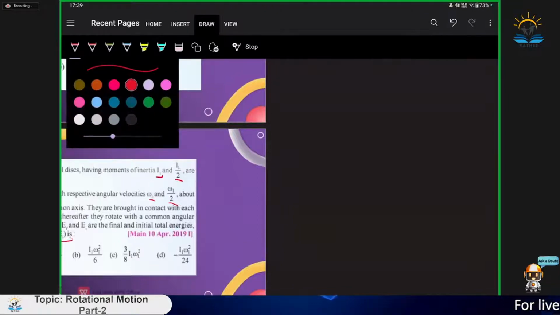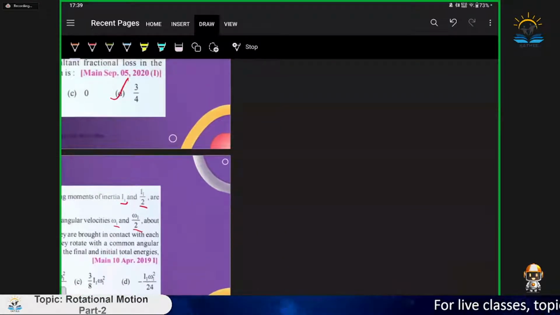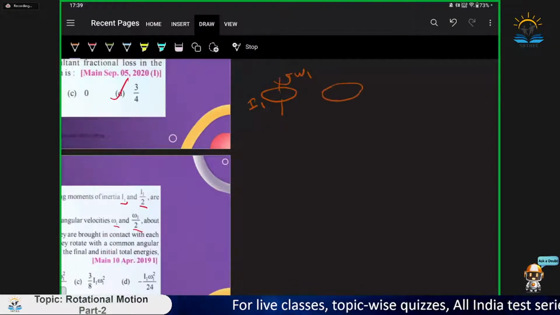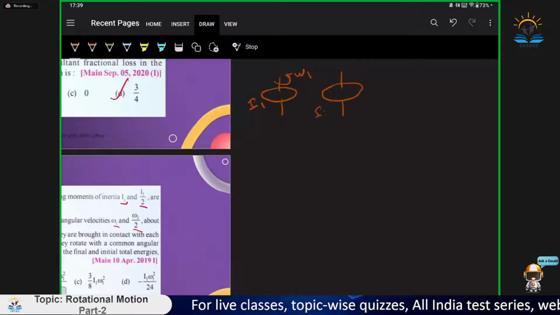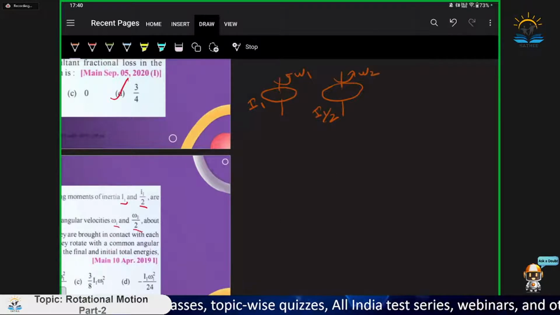First, let's picturize and then let's solve. Okay, this is the first condition: angular velocity is omega 1, moment of inertia is I1. Next case, moment of inertia is I1 by 2, rotating with angular velocity omega 2.